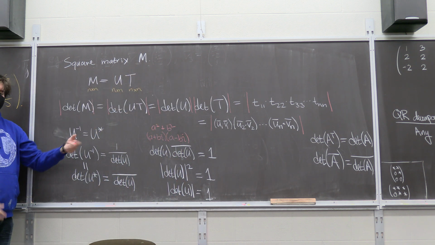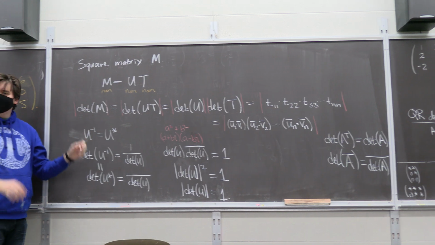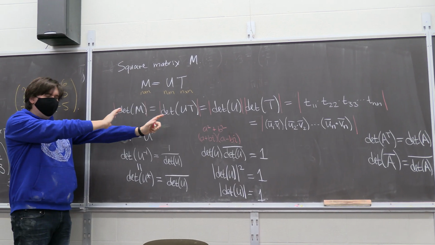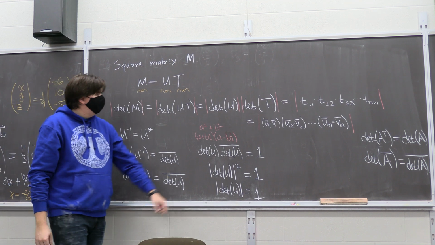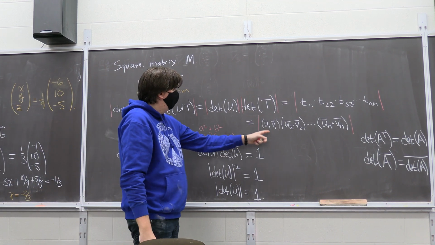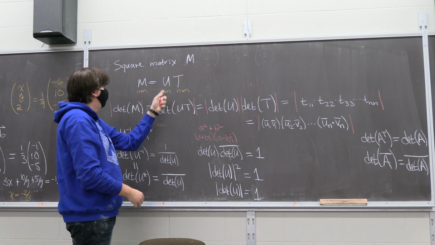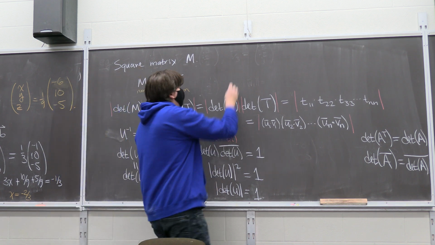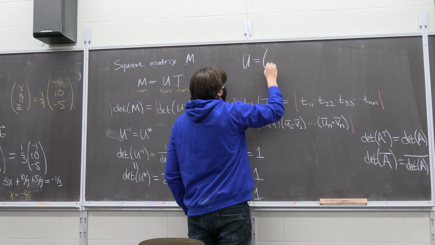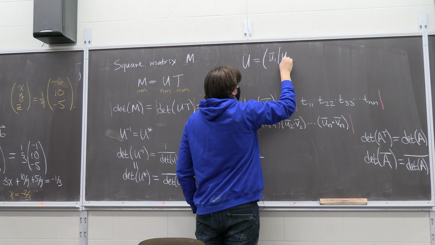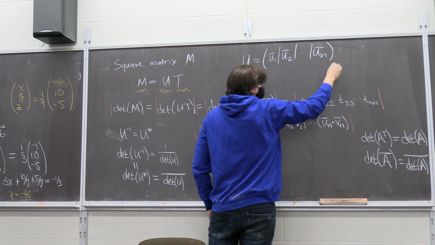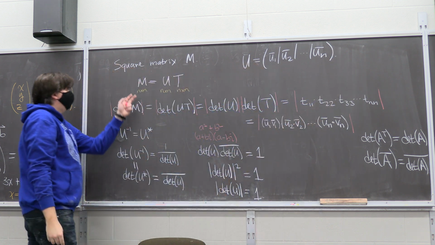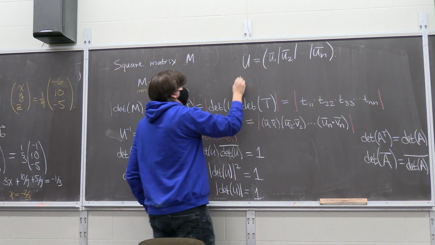And note the magnitude is 0 if and only if the determinant is 0. Right? So as long as this magnitude comes out to be non-zero, you know your matrix is invertible. Here my u1 through un are the columns of u. U has columns u1, u2, up through un. And we call v1 through vn the columns of your original matrix.